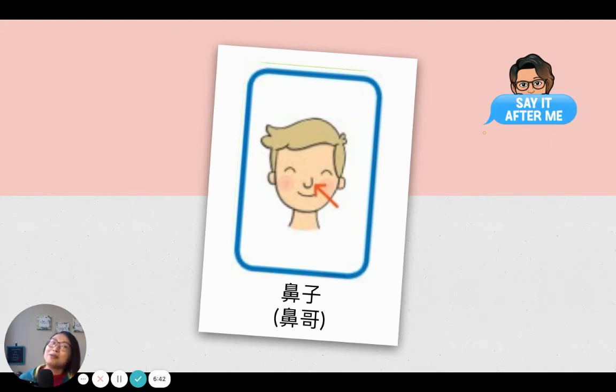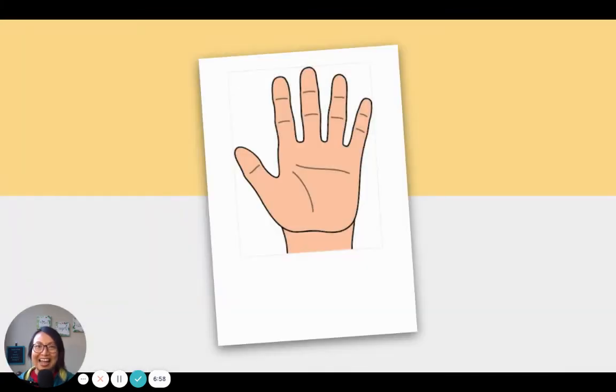One more term I want to teach you. This is the very common part of our body that we always use, especially when we are pointing to different things. We use our hands, right? Do you know how to say hands in Chinese? Easy enough. It is 手.